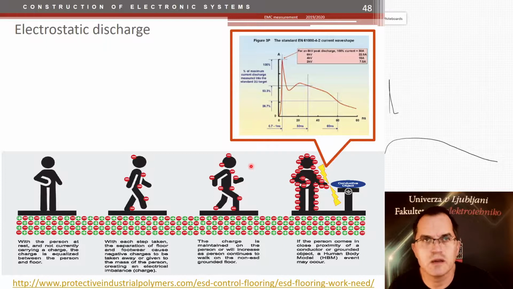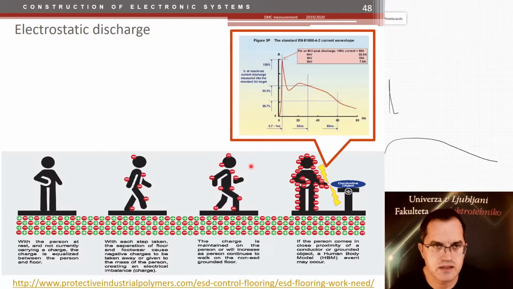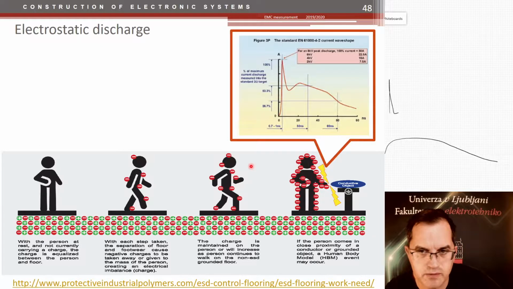Even when we come as visitors to such a factory from time to time with students, they all have to wear stripes on the foot around the ankle that discharge them to the floor. And everybody, when they enter this room, has to go to the test facility and test themselves before they enter, because they have to measure their resistance.